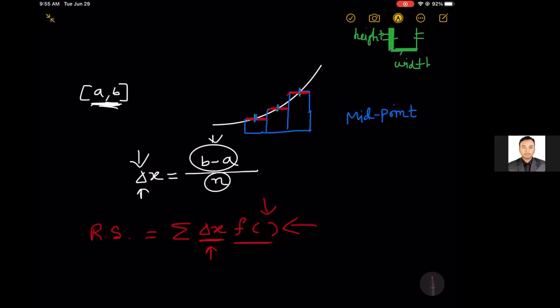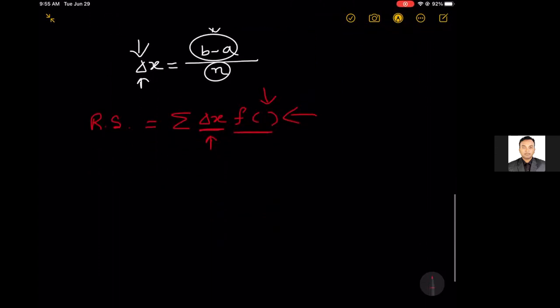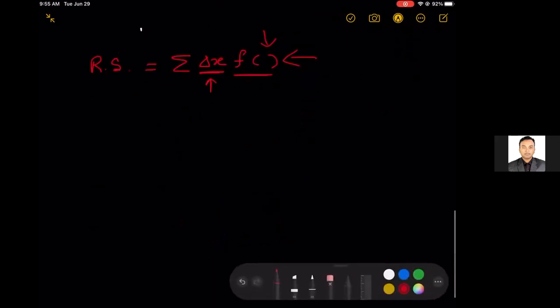Okay, now the last thing we need is the formula for the three types of scenarios we have seen. And for that, I need to draw the graph again, I'm afraid.